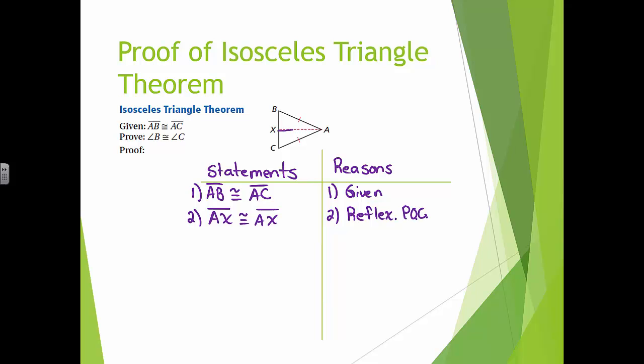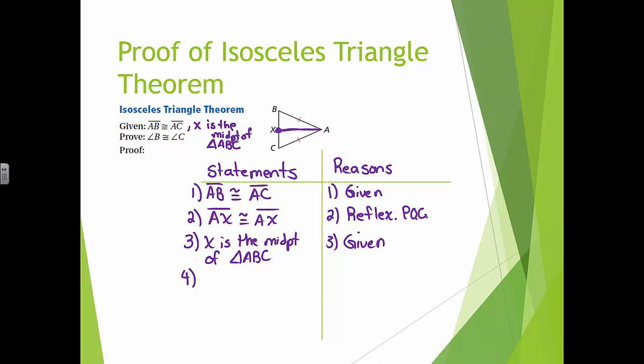Now, if we assume that we drew this line such that X was the midpoint, that would be another one of our givens. X is the midpoint of BC. That would be given to us.